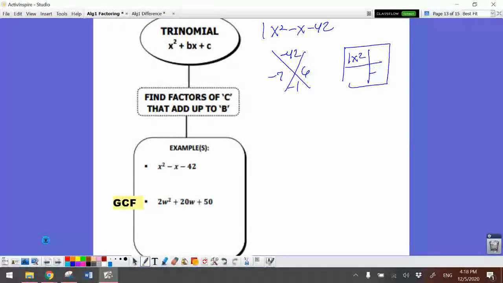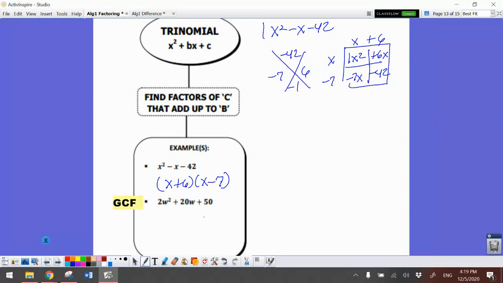A 1x squared, a minus 42, negative 7x, positive 6x. I can take out a negative 7, an x, and a positive 6. So this is going to factor into an x plus 6 and an x minus 7. Okay, x plus 6 and an x minus 7.